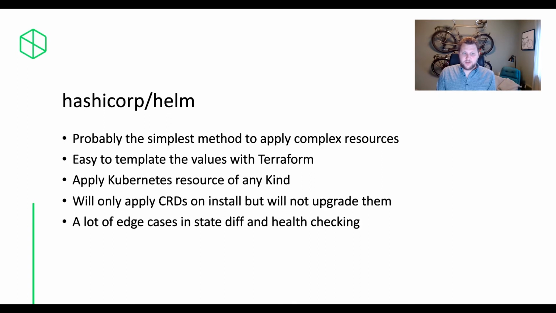It's probably the simplest way if you want to apply multiple different types of resources with Terraform without having to define everything yourself. It's easy to template, so you can pass Terraform variables or outputs as inputs to the Helm templating engine. It supports managing Kubernetes resources of any kind, so any custom resource would work with the Helm provider.